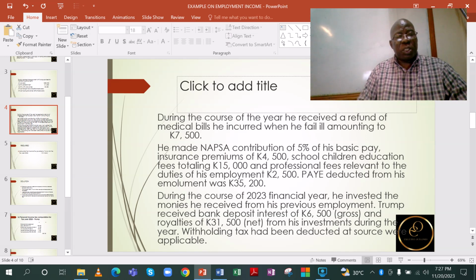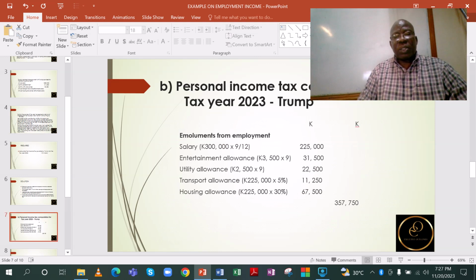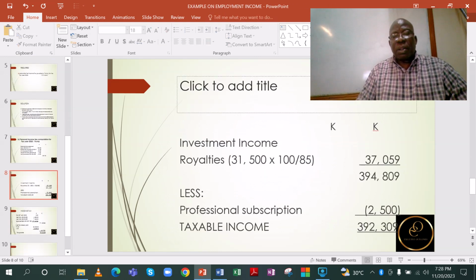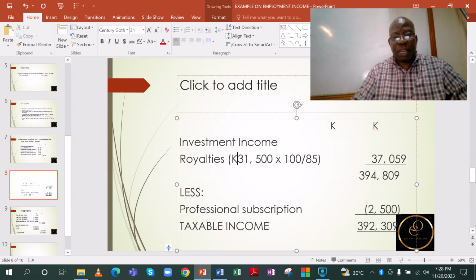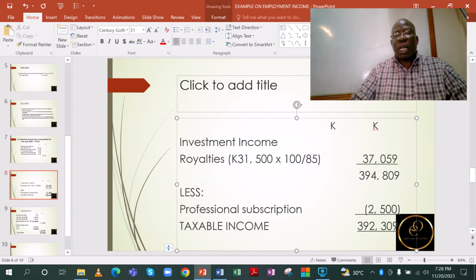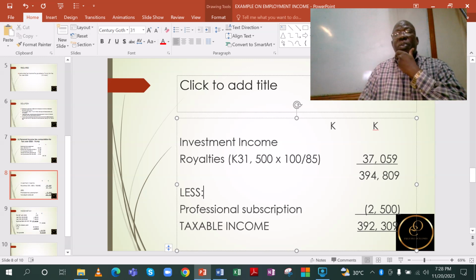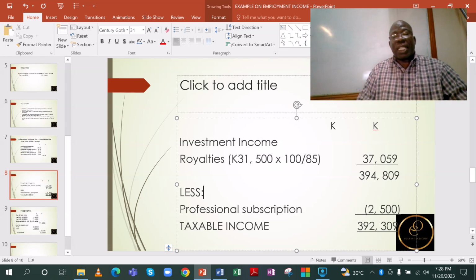The simple way is to take 31,500 Zambian kwacha, multiply that by 100, then divide by 85, because this 31,500 is after withholding tax has been removed, meaning that it's at 85%.